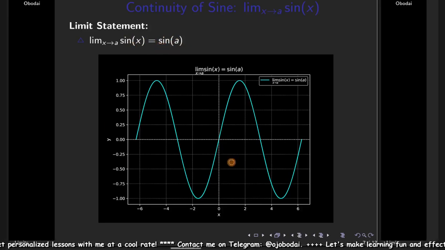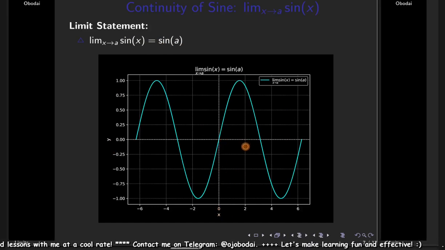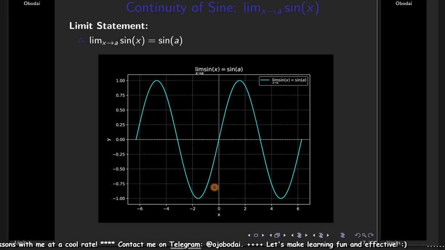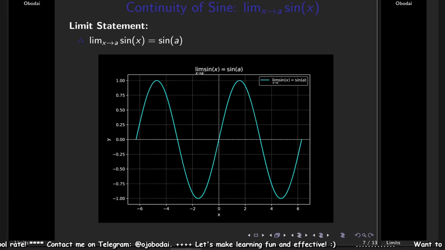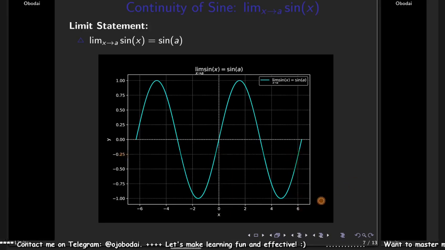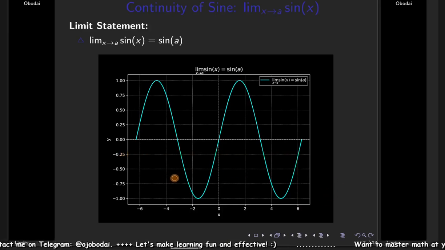With what we have here, it simply means the limit at x equals 0 is 0. You just put in the values. The limit at x equals 6 will simply mean you also put it in there and look for its corresponding value. So in conclusion, the limit of sine x is simply sine x.